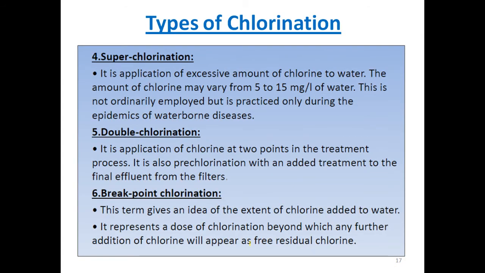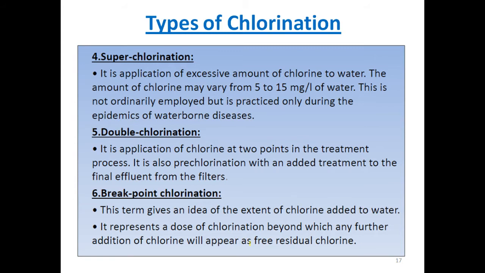Now, super-chlorination. What is super-chlorination? It is the application of chlorine beyond the stage of breakpoint. This may be required in some special cases of highly polluted waters or during epidemics of waterborne diseases.